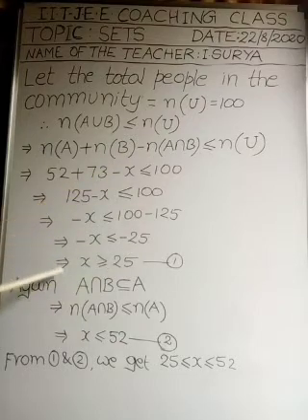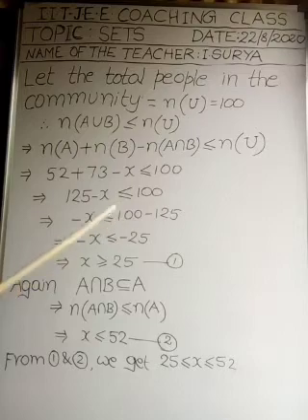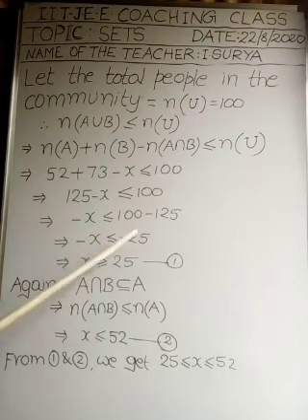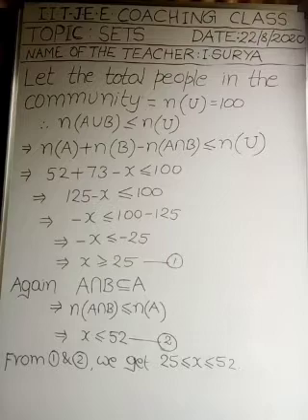Right. This implies, come to the next step. Here a negative sign is there, so we have to find the value of x. So we are multiplying this inequation by minus 1 on both sides. Do you remember, if you multiply an inequation by minus 1 on both sides, then the inequality sign changes. Means if the less than symbol is there, then we write the greater than symbol.